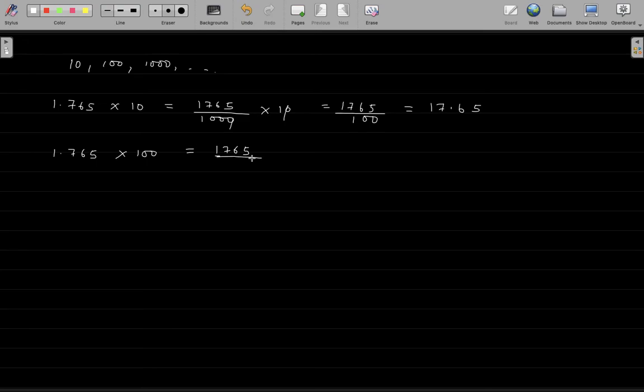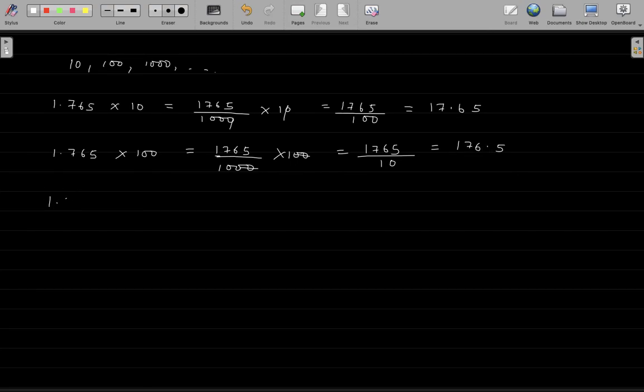The same 1.765, say if I want to multiply it by 100, what will this become? 1765 divided by 1000 multiplied by 100. Two zeros get cancelled. This should become 1765 divided by 10, or this is 176.5.